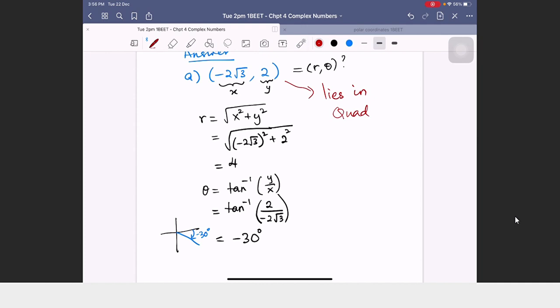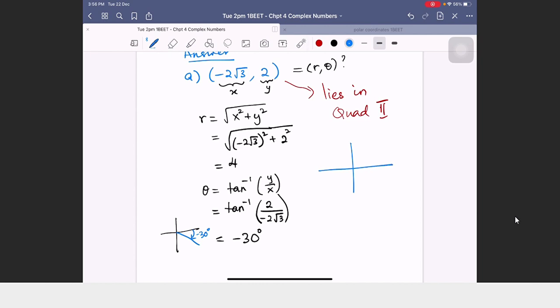Quadrant 2, yes, correct. Negative for x, positive for y. That means if you were to locate that point, it lies in quadrant 2.